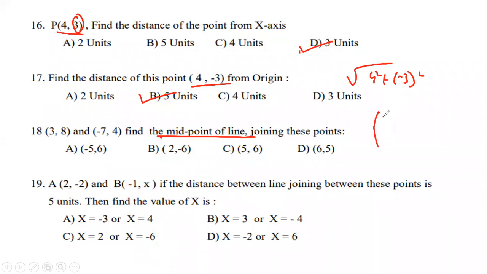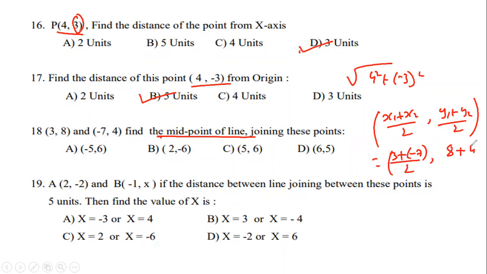Midpoint formula is (x1 plus x2) divided by 2, (y1 plus y2) divided by 2. x1 is 3 plus x2 is minus 7 divided by 2, y1 is 8 plus y2 is 4 divided by 2. 3 minus 7 is minus 4 divided by 2, comma 8 plus 4 is 12 by 2. You will get minus 2, comma 6.